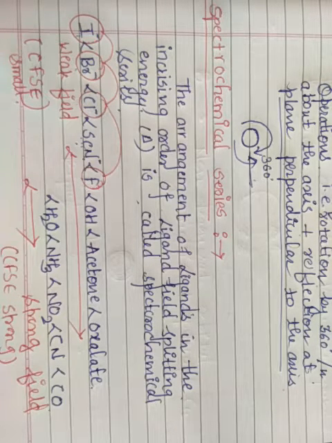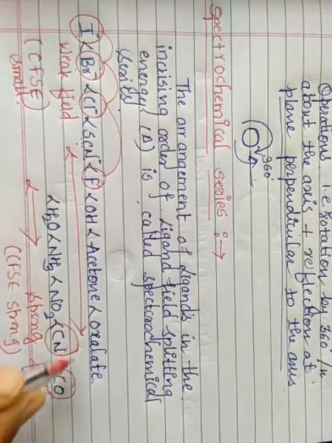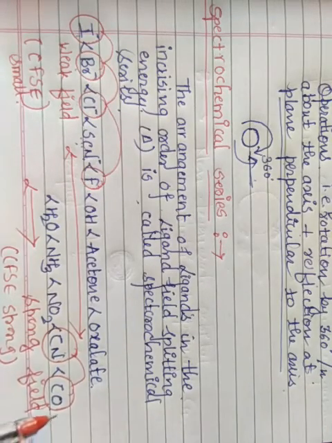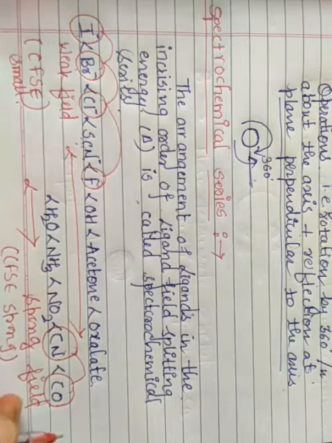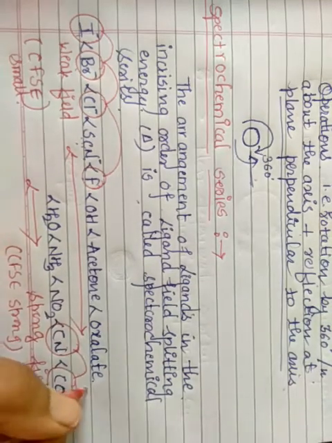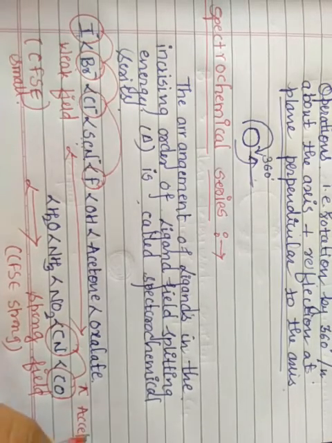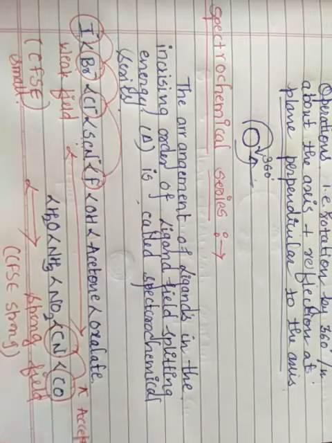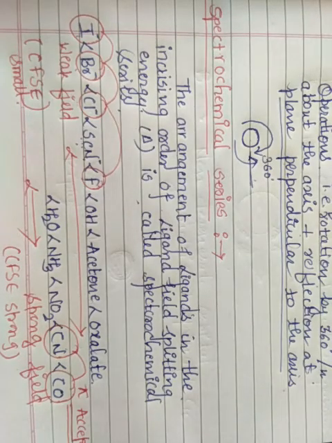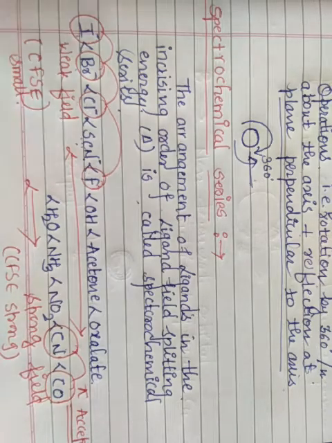Such ligands are called pi acceptors. Examples you can take are CN minus and CO. For these two examples I am telling about pi back bonding, or they can also be called pi acceptors. So these two facts I am telling you. I will write over here.